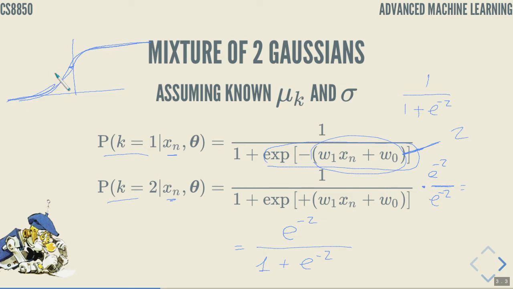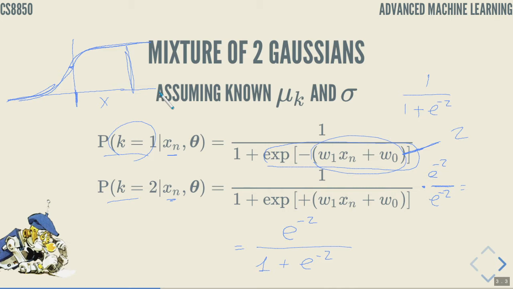Or this is actually the probability of class 1. This will be the distance. That's your decision boundary. This is the distance where your point is located, and that's how it will look.